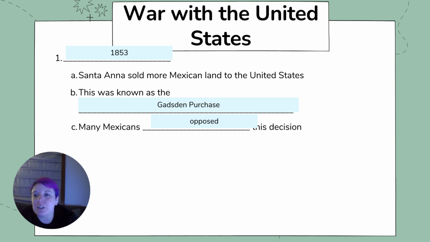You have to remember, this is compounded by the fact that if you look at that first picture on the left, in 1840, that yellow area is all that disputed land. That was the difference between the Nueces and the Rio Grande River that the U.S. and Mexico were fighting over. So Mexico had just lost all of that land because of these disputes, and then Santa Anna sold off that extra chunk of land that really tipped people over the edge and made them really upset.